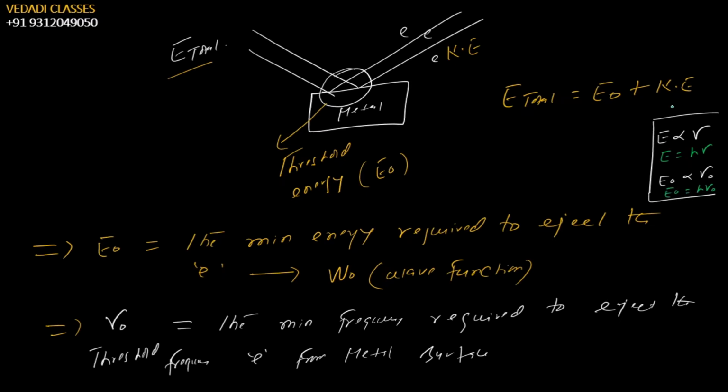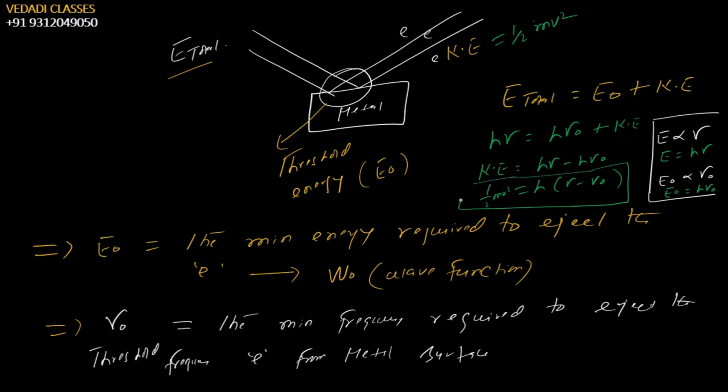Kinetic energy is written as half m v square. So in place of E total we write h nu, equal to h nu naught plus kinetic energy. To find the kinetic energy of the electron, it will be h nu minus h nu naught. Taking h common, h times nu minus nu naught, and this is half m v square. So this is the formula.